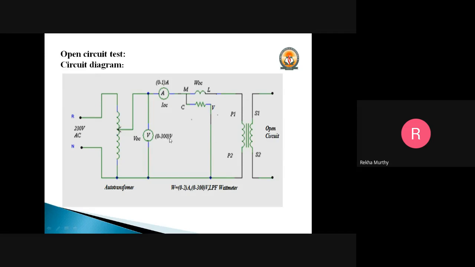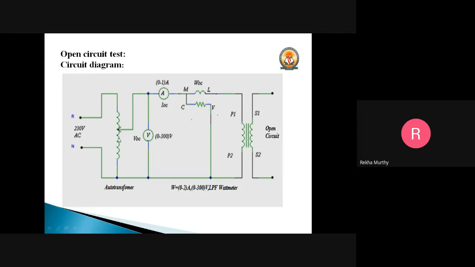So here, what will be the procedure? Make sure that the secondary winding is open circuited, and that the auto transformer is in the 0 voltage position. Close the supply switch.